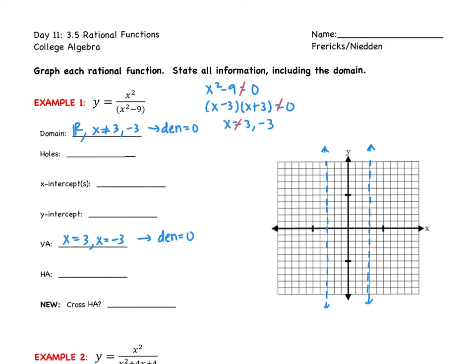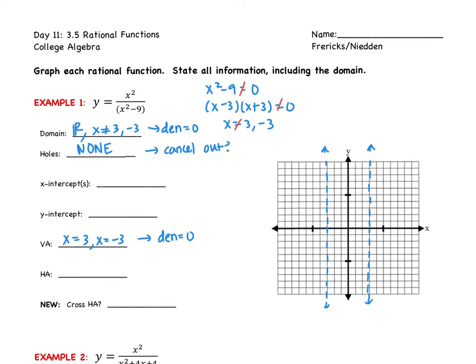Okay. Next up on the list is holes. Holes occur if something cancels out. That would be something that canceled out of both the numerator and the denominator. Our denominator factored, our numerator didn't. Nothing canceled out then. What that tells us is that there are no holes. Yes, a hole will occur if something cancels out of both the numerator and the denominator.